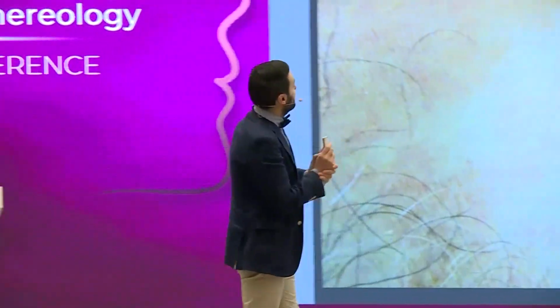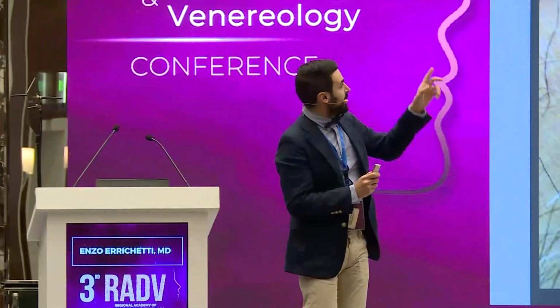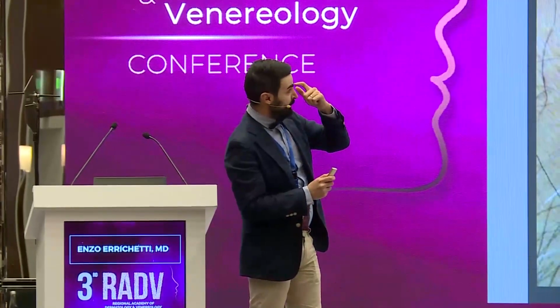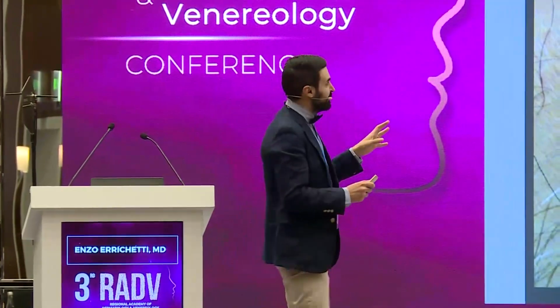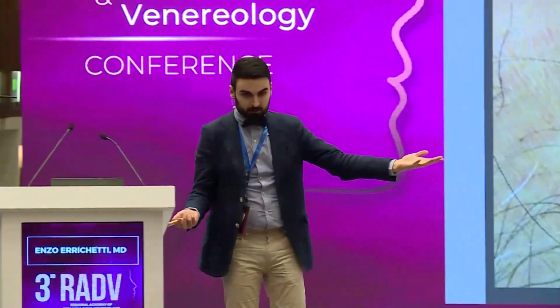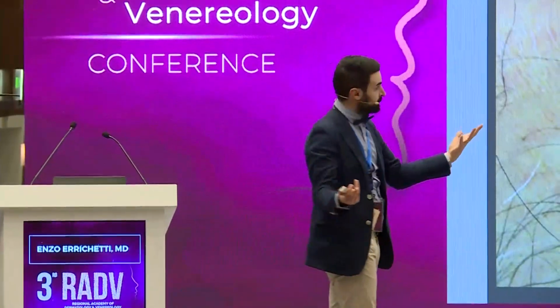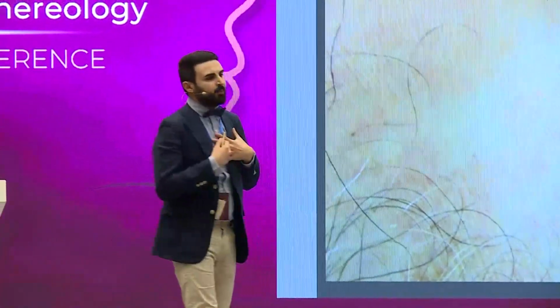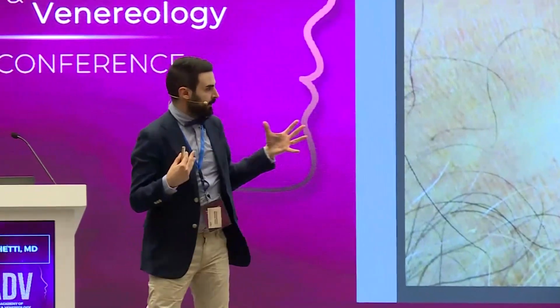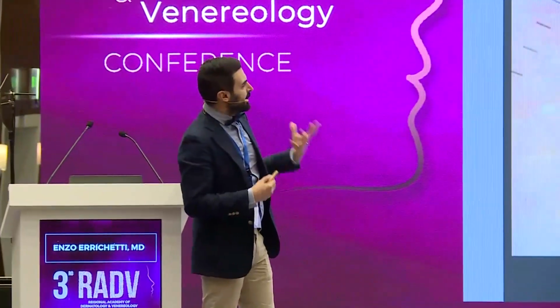Okay, the third group of conditions. Confluent pigmented macules with white scales on the trunk. Here, the differential diagnosis is between pityriasis versicolor and Gougerot-Carteaud syndrome, okay, which is not so uncommon. Even here, of course, we can have an idea, but let's take a look at dermoscopy.